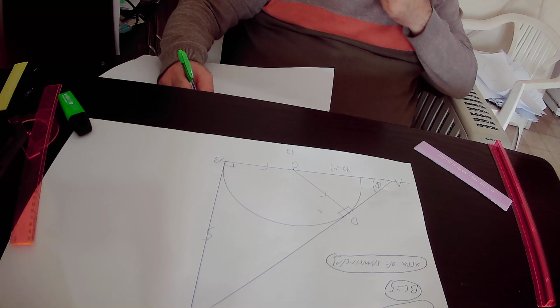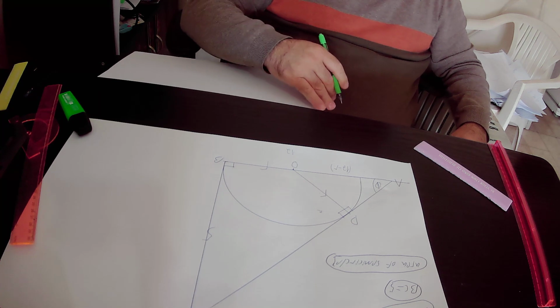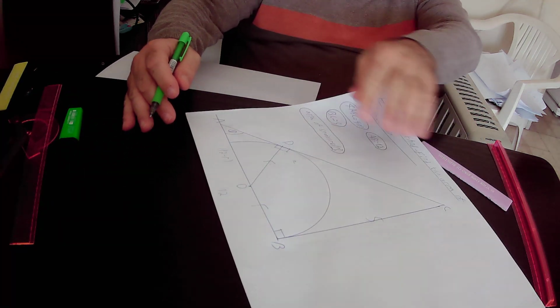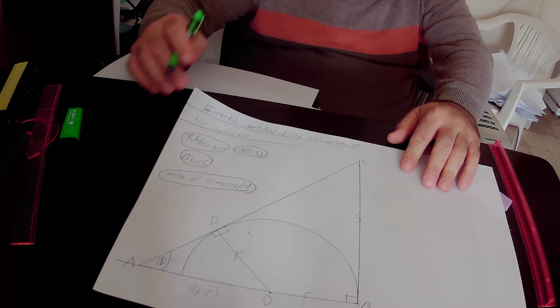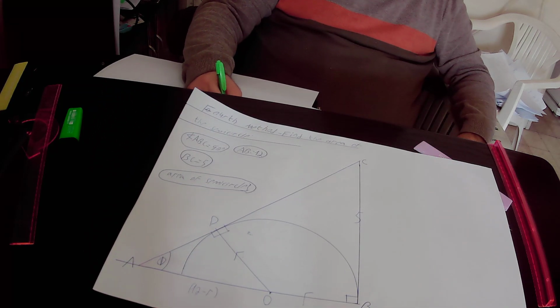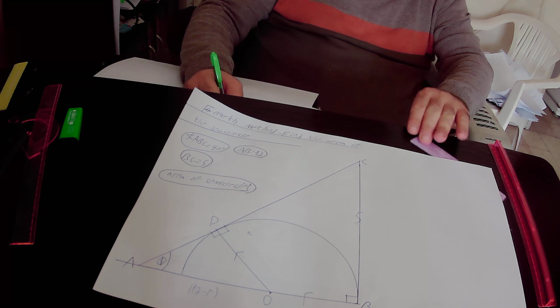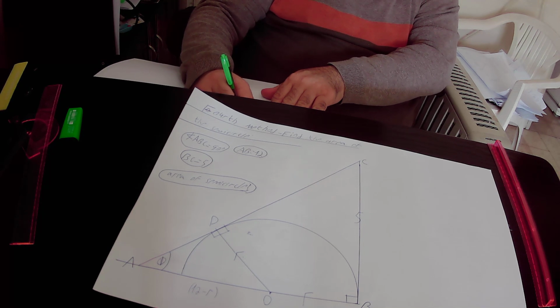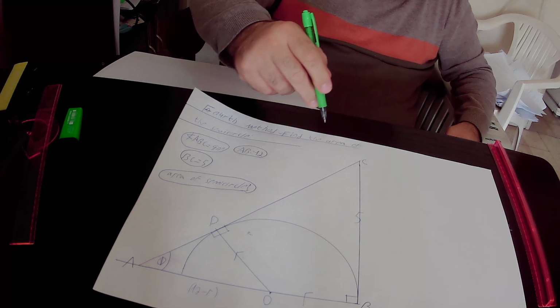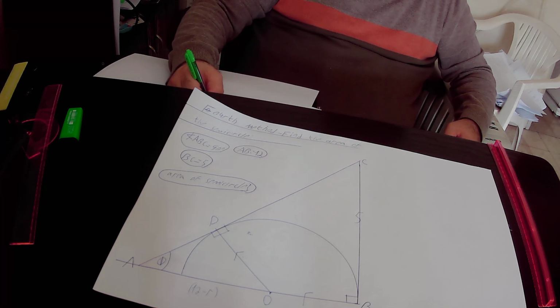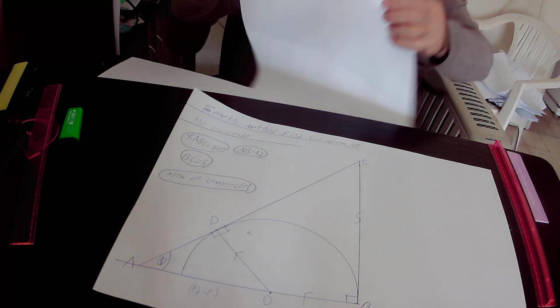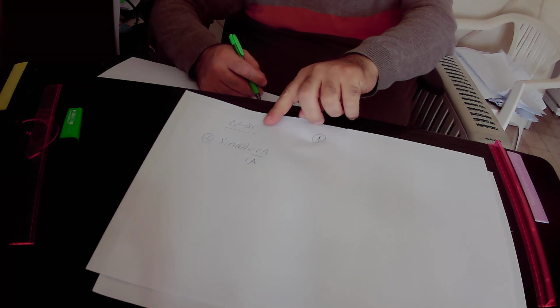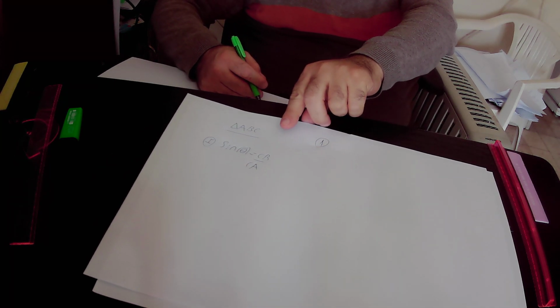You can see here, on the right big triangle, triangle ABC, sine theta equals CB over CA. Again in the right triangle, triangle ABC, sine theta equals CB over CA.